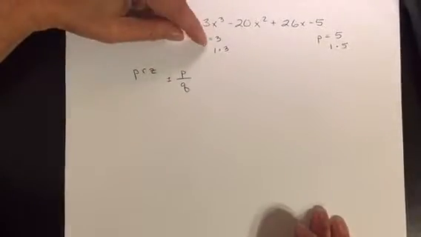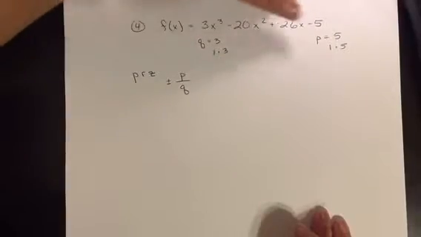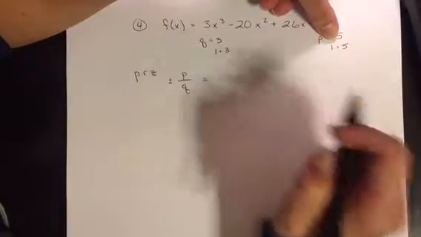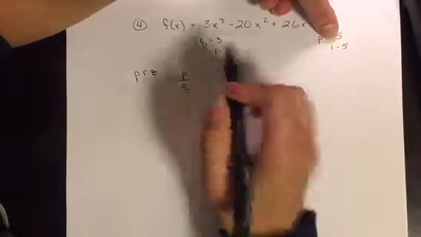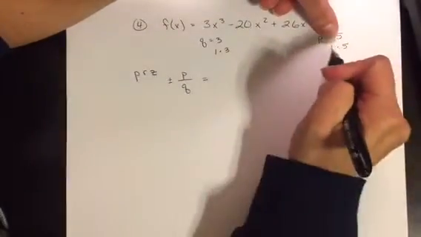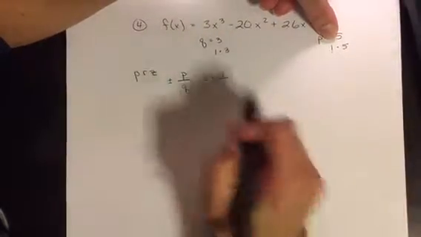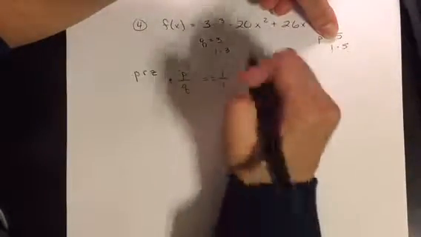So I like to do these in order to try and keep it simple. So I'm going to be super explicit here. So each one of these has to go over each one of these. So 1 over 1, and then 1 over 3.